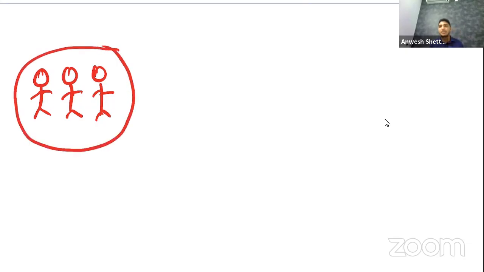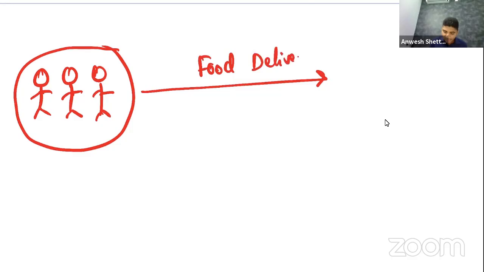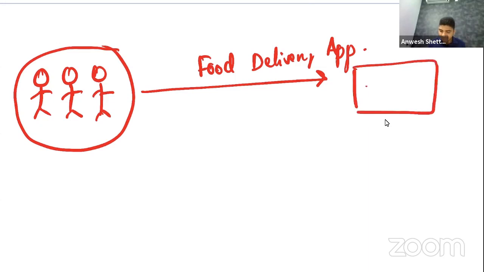What does this food delivery app do? You must know that you order the food at home and they go to the hotel, collect it and give it to you. So these 3 people decided to name their company Zomato.